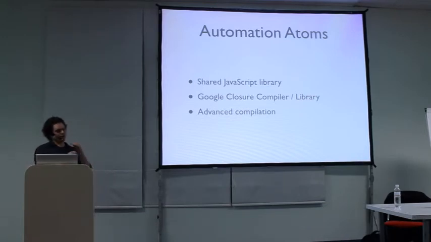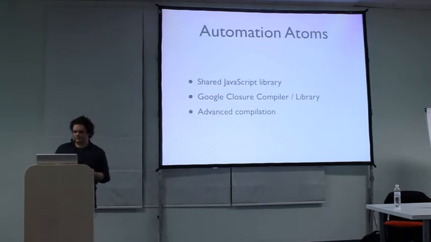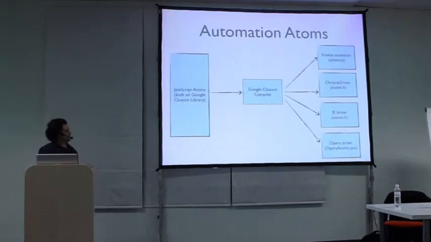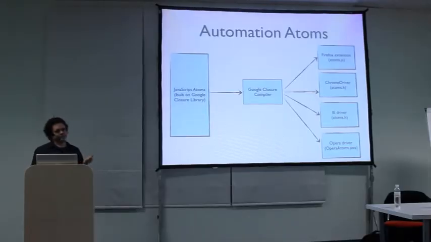So you can compile down IE-specific atoms, and it takes out all the code that is specific to Firefox. So it works like this: we have the atoms library and the Closure compiler, and it's in different formats depending on the driver. This makes it really easy to share code between drivers.